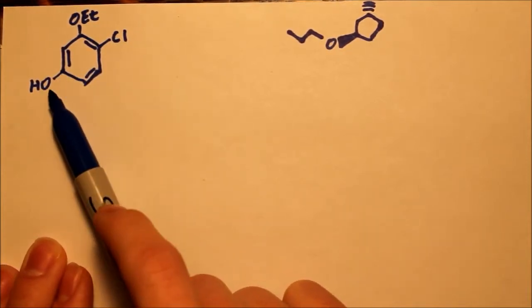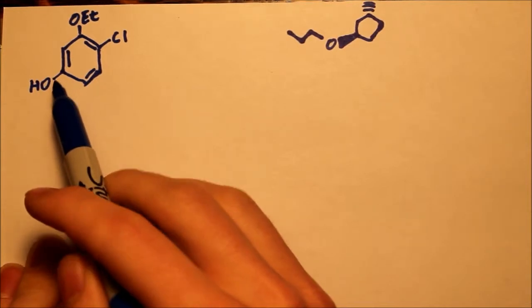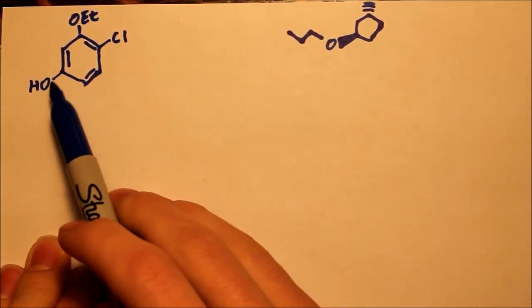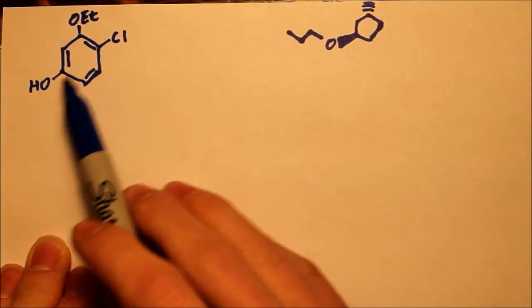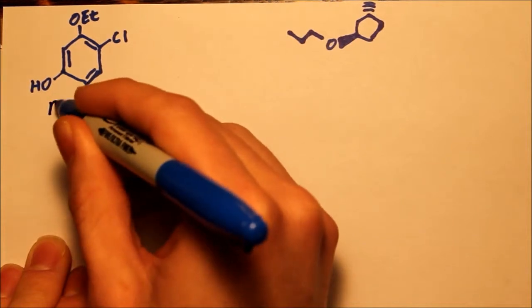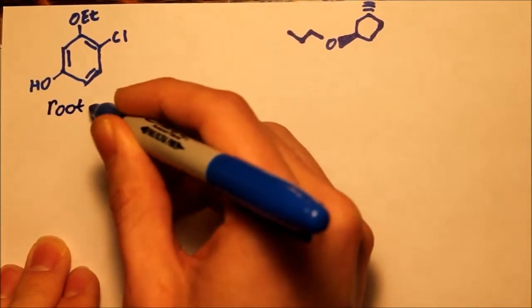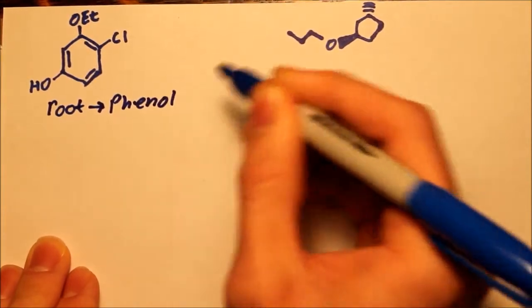So just knowing that, we know that this is number 1 priority. So we can start here, and this is our 1. If we make this our first and highest priority, which it is, this whole entire ring has the base name of phenol, sorry, phenol.